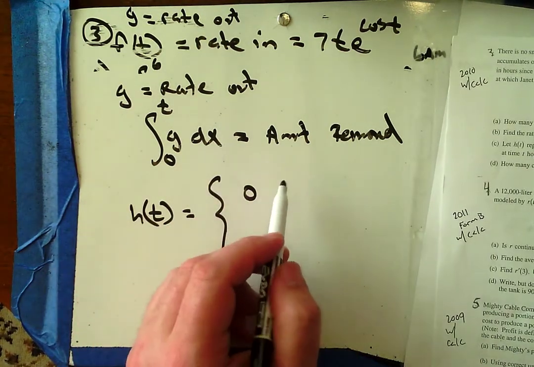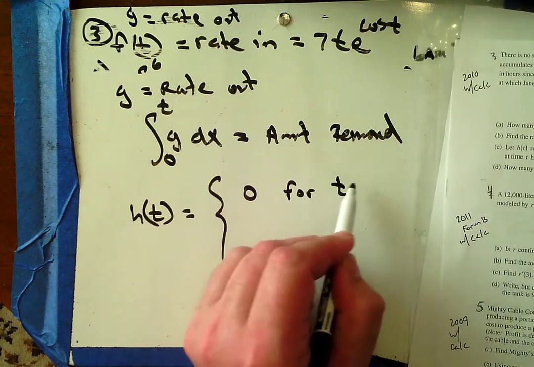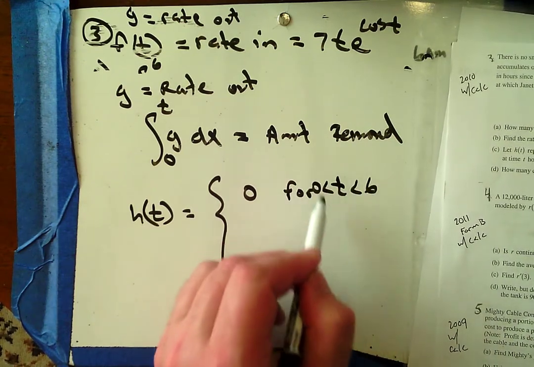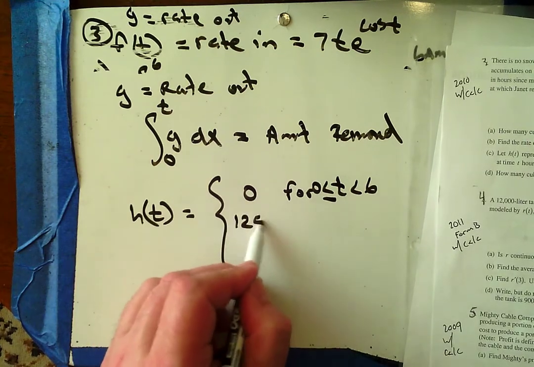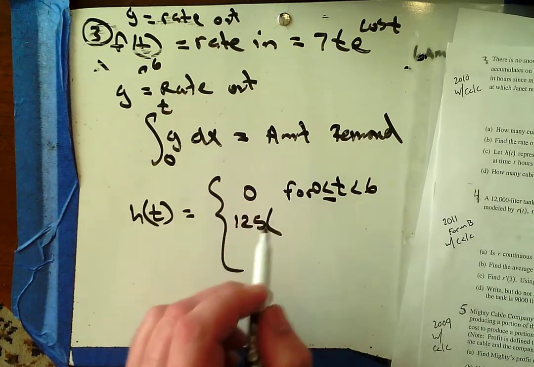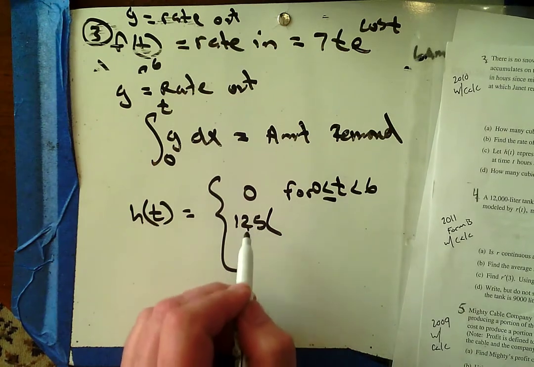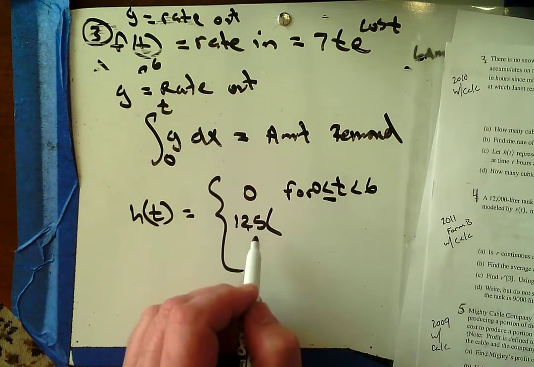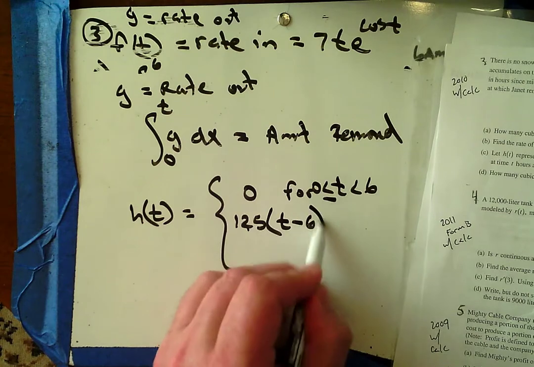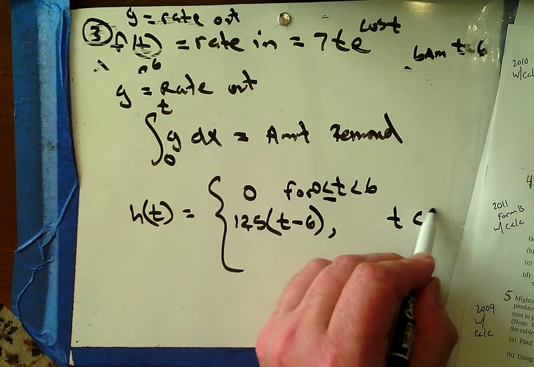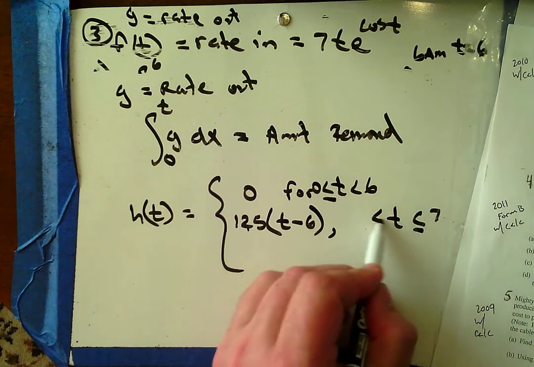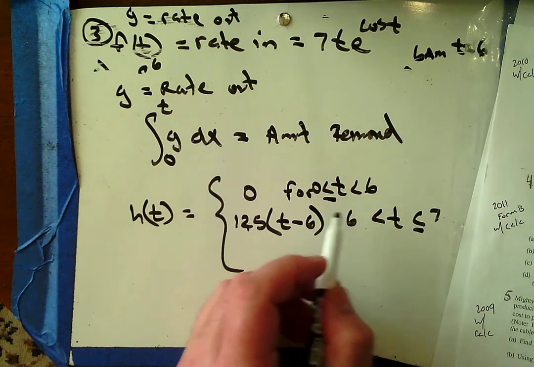0 for t between 0 and 6. Then 125, but wait a minute, we only use this after the first 6 hours, so 125 times t minus 6. And that's going to be for t between 6 and 7.